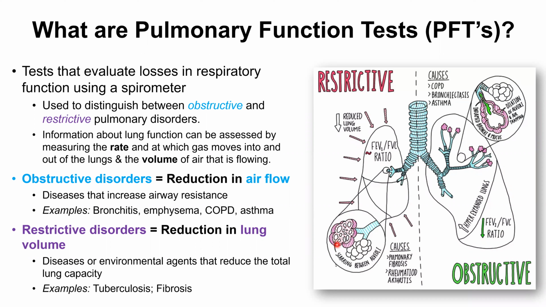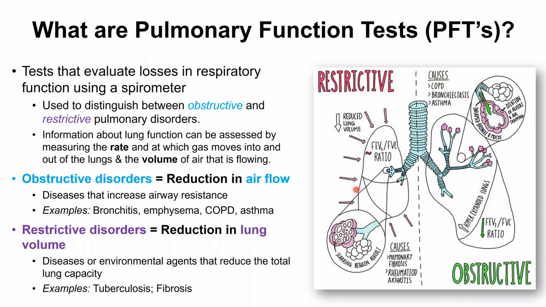And as you can see from this little picture, the damage to the alveoli has caused scarring, and if there's less alveoli, there's less available. So this is a situation in which our alveolar dead space would increase, and therefore the total amount of air that you can actually exchange would be decreased.